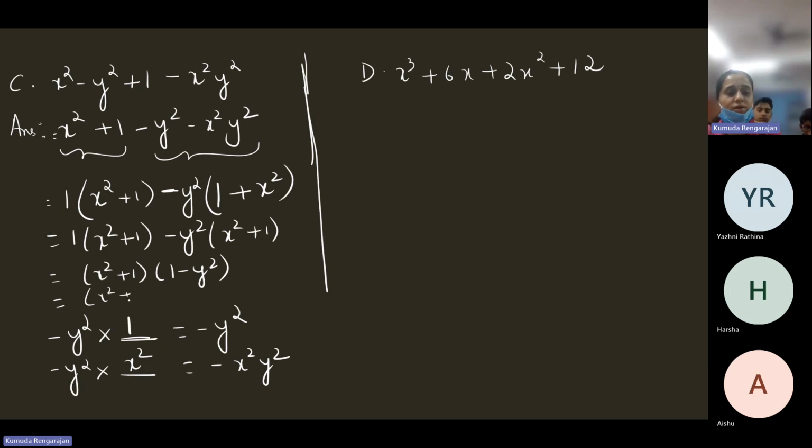So x square plus 1 into 1 minus y square is 1 plus y into 1 minus y. I'll explain this. Write down first. Make a note of this also, children, just in case you have trouble in writing the terms inside the bracket.